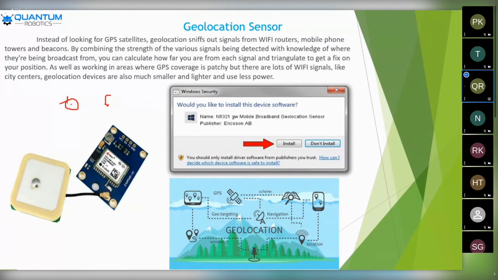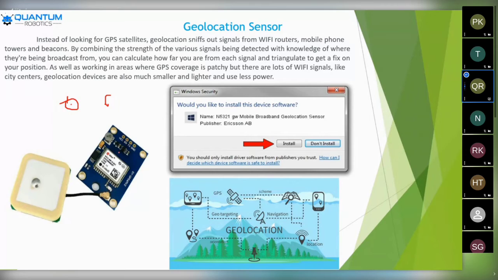Here you can see the number of that, and how you can install the geolocation sensors on your laptops or on your mobile phones. Here there will be a software installation step. And if you go with modules, the geolocation module is going to be like this. Here you can see, guys, RX and TX. Have you seen? Previously I said that at every sensor there will be a receiver and a transmitter.